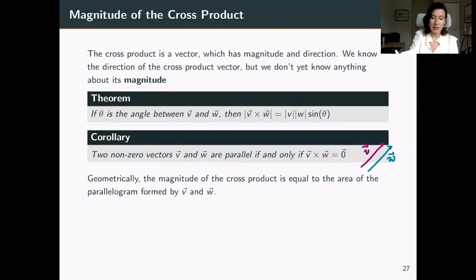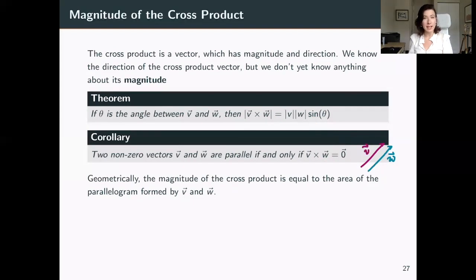So if the angle between those two vectors is 0, that means that sine of theta would itself be 0. So if sine of theta is 0, that means the magnitude of the cross product is 0, which then means that the vector v cross w would have to be the 0 vector.